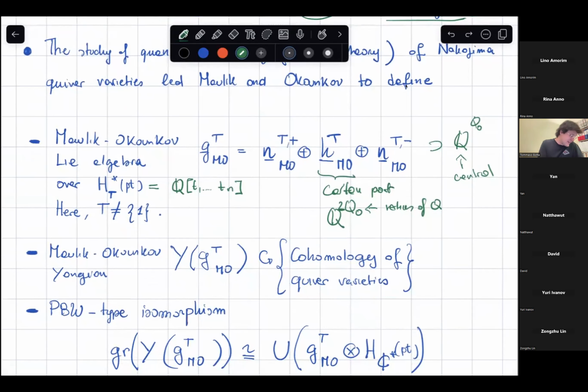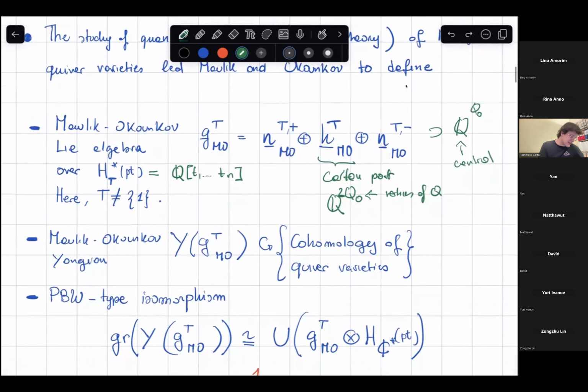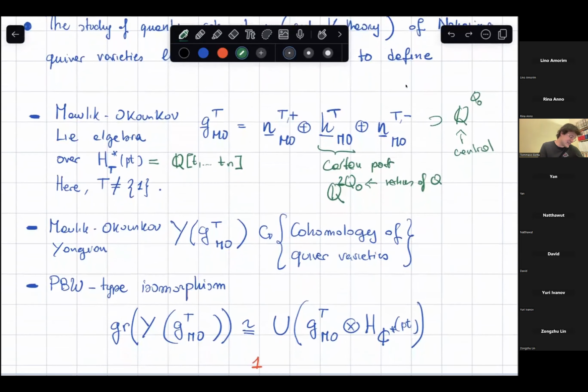And interestingly, somehow in analogy with the theory of cohomological Hall algebras, there is some sort of PBW type isomorphism, in the sense that the associated graded of the Maulik-Okounkov Yangian, taken with respect to some natural grading defined on the Yangian, is isomorphic to the universal enveloping algebra of the Maulik-Okounkov Lie algebra, once again tensored with this C-star equivariant cohomology of the point.